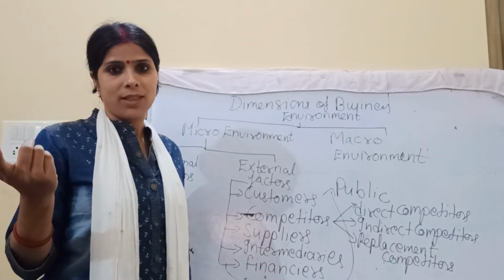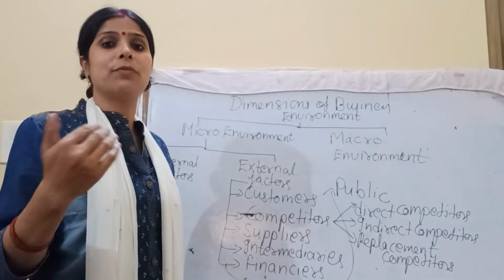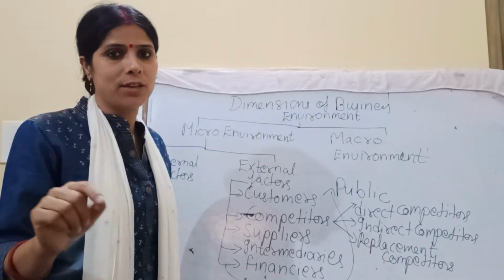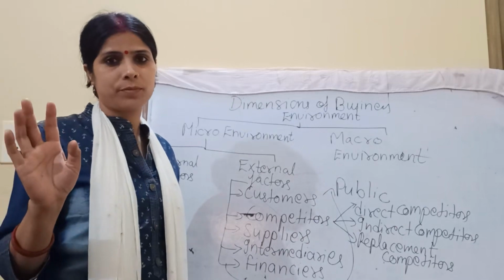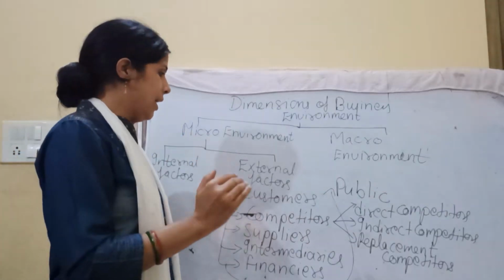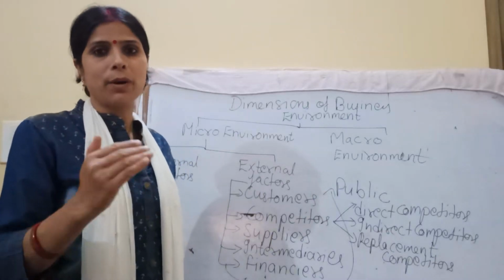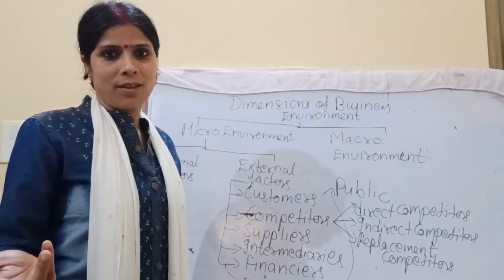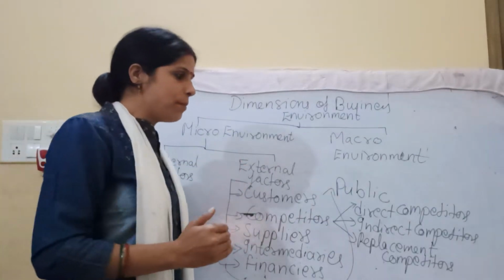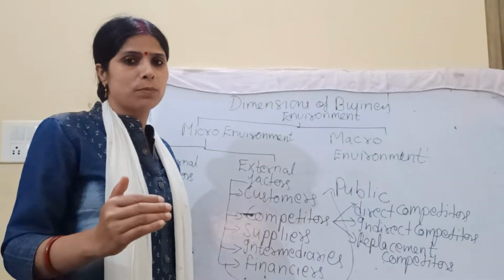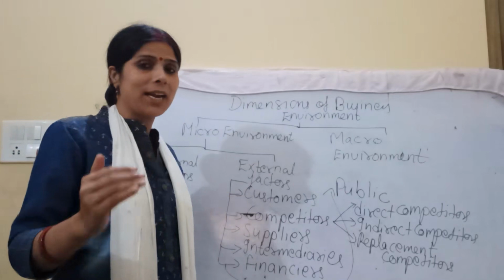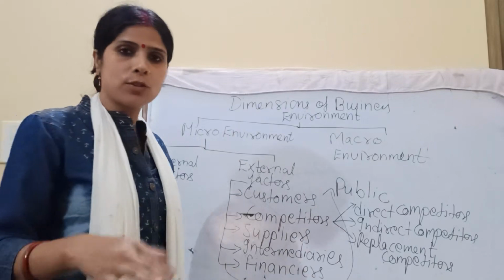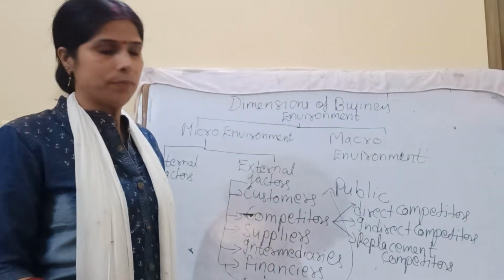They provide different products, but they are under the same category of fast food, and they are satisfying the needs of the consumers. They cannot be in direct competition because they do not provide the same product, but they are in indirect competition because they come under the same fast food. Burger is also a fast food, pizza is also a fast food.